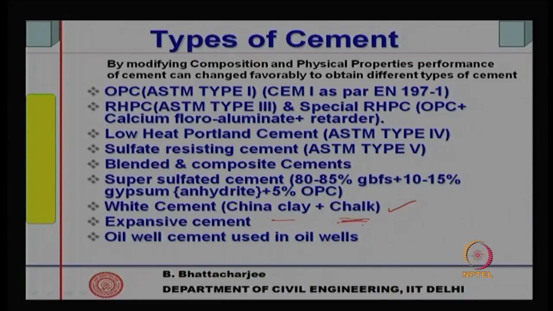Therefore, this cement is very costly, because you are producing it from specific raw materials, China clay and chalk. It has similar properties and composition to OPC, but no iron and no other oxides which can add color. This is why it is white cement, used where you want aesthetics.